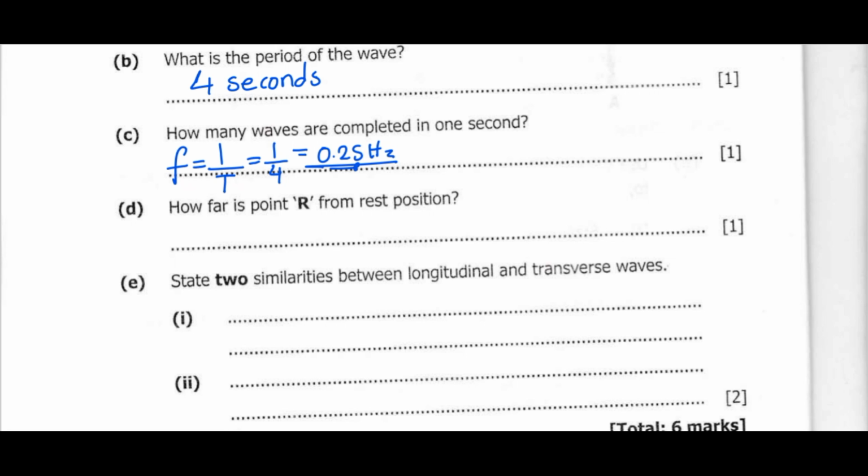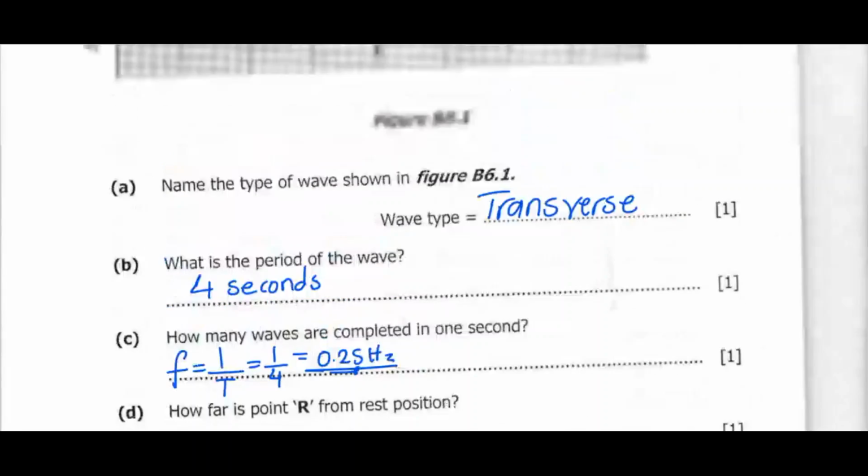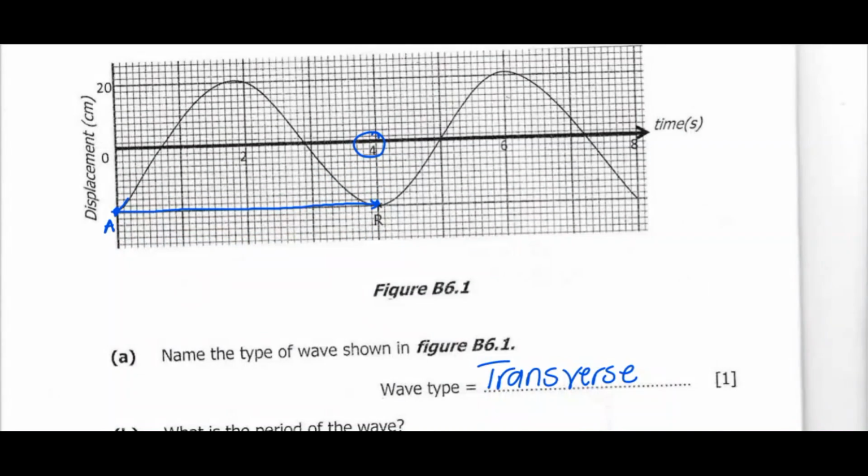Then how far is point R from the rest position? Okay. So point R is here. So the distance from this rest position up to here is 20. If this is 20, also the down one must be 20 because these two distances are equal.